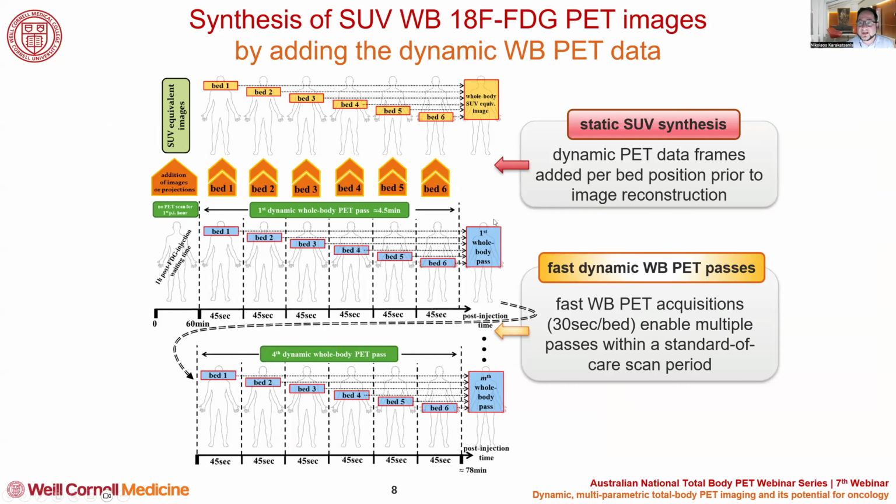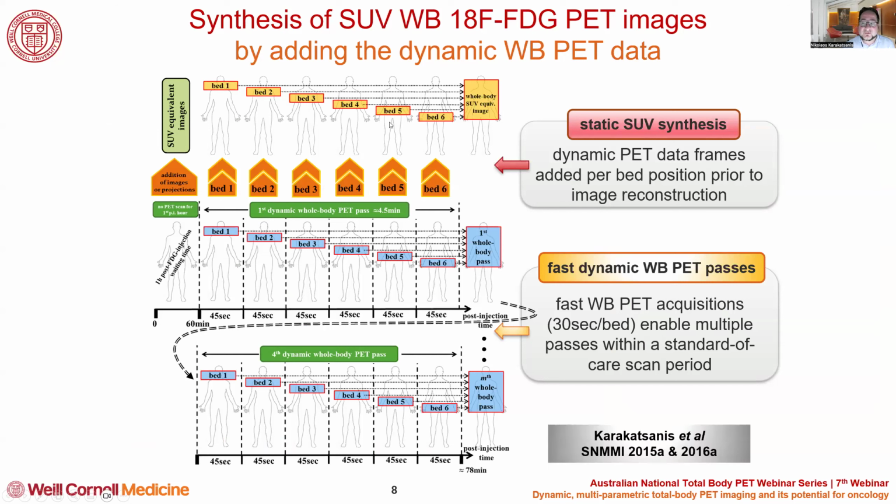So first of all, we can combine SUV and PATLAG imaging from the same data set. And this can be done by, after we acquire the data for every pass, we can actually add the data together from sequential passes and obtain SUV images, as I'm showing you here.